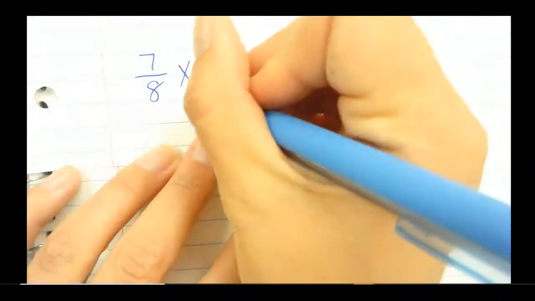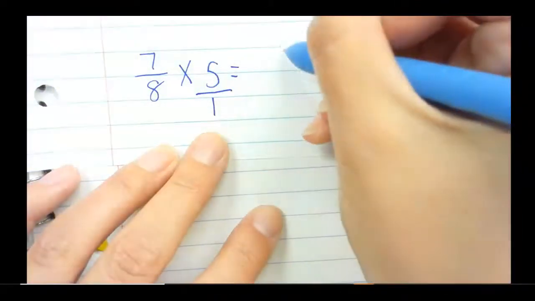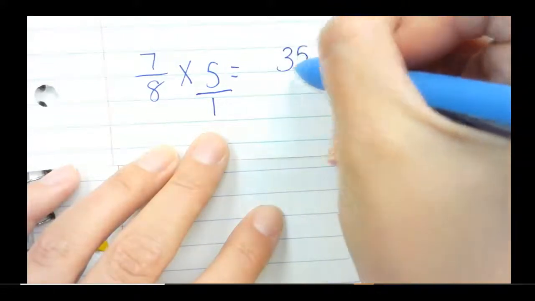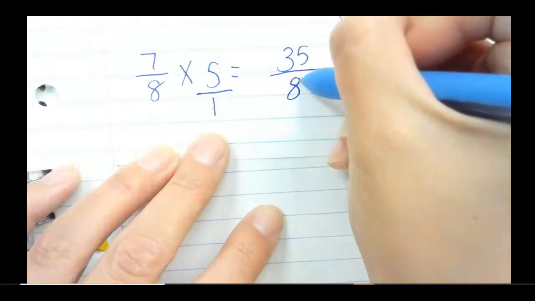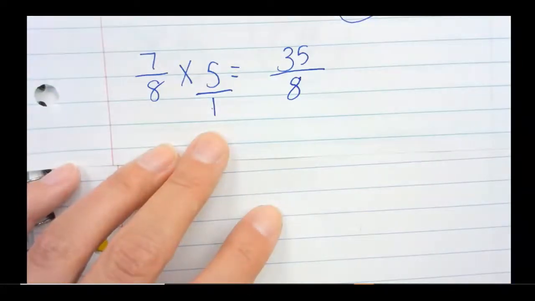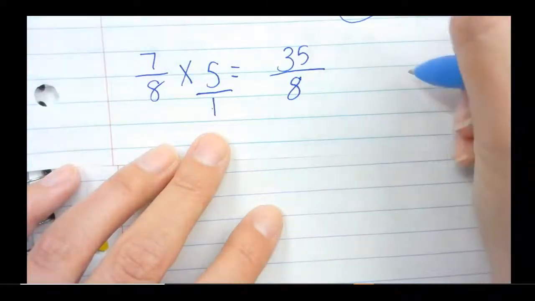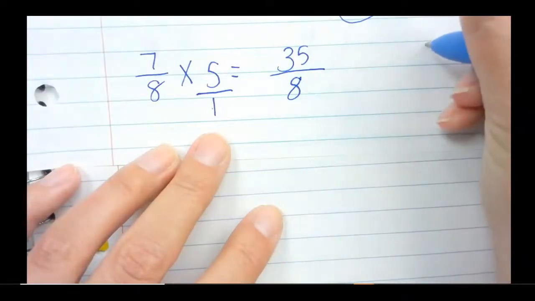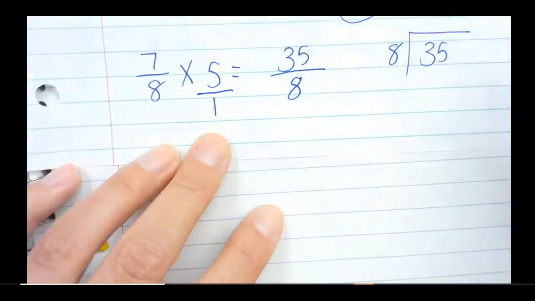So what do we do first? We put a 1 under the 5. What's 7 times 5? 35. And then 8 times 1 is? 8. Okay. We need to make this improper fraction a mixed number. So we're going to do 35 divided by 8.